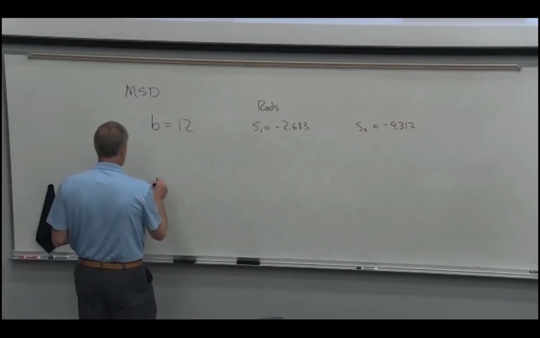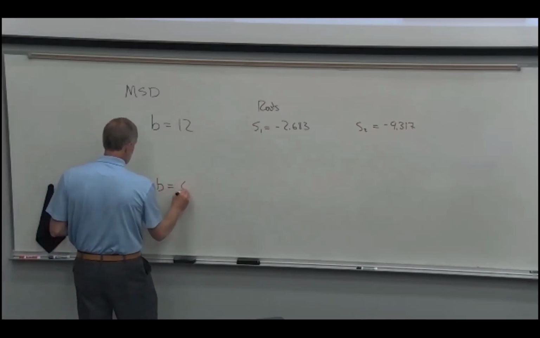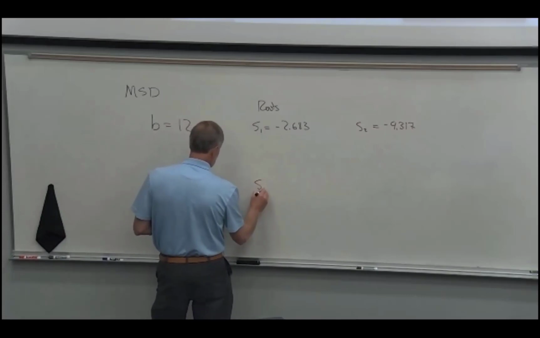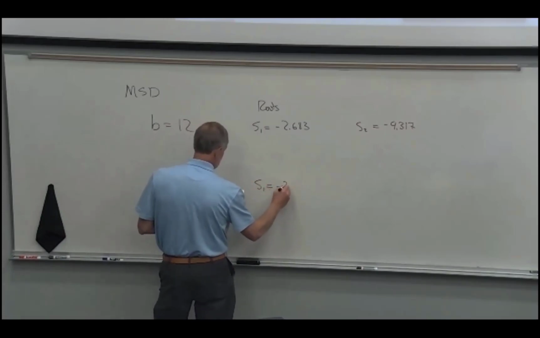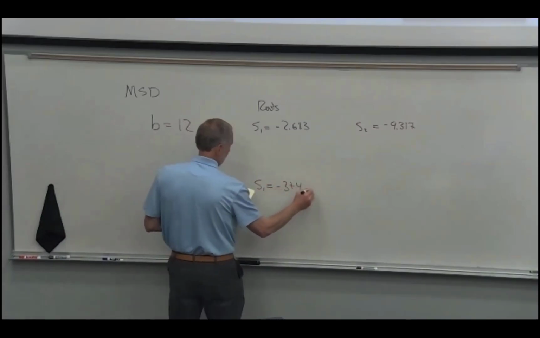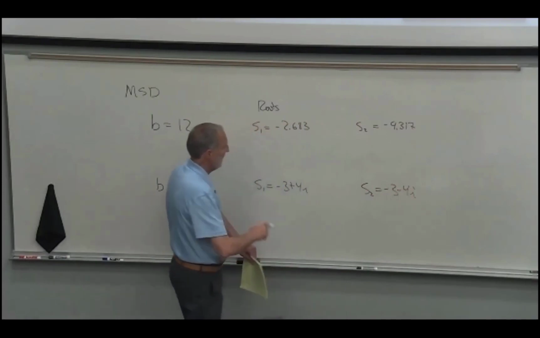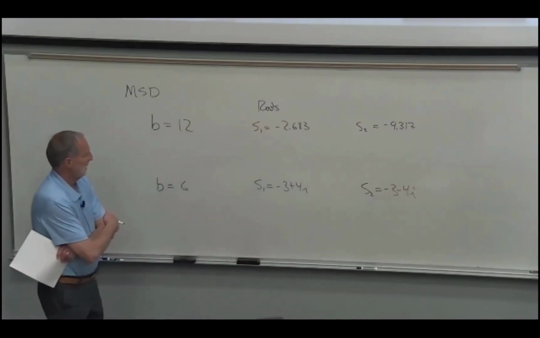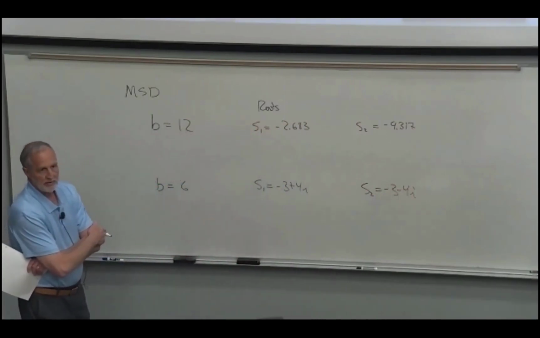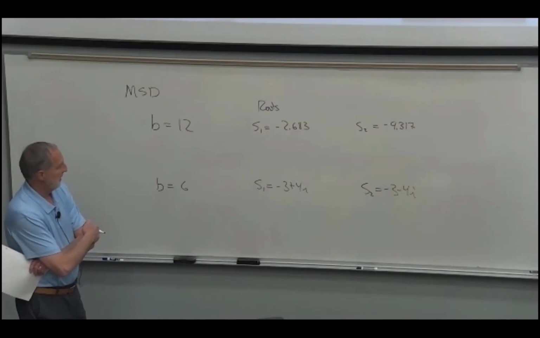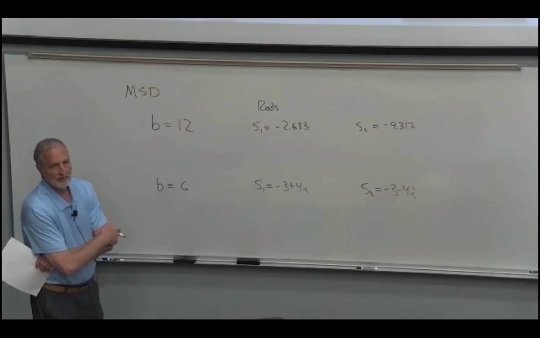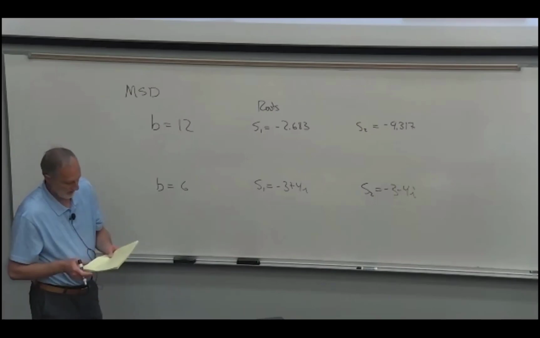And then we said, okay, what if B is 6? When B is 6, we get a negative real part, so it's damped and stable. But we have an imaginary part, so it oscillates as it damps out with a frequency of 4. So we know that.